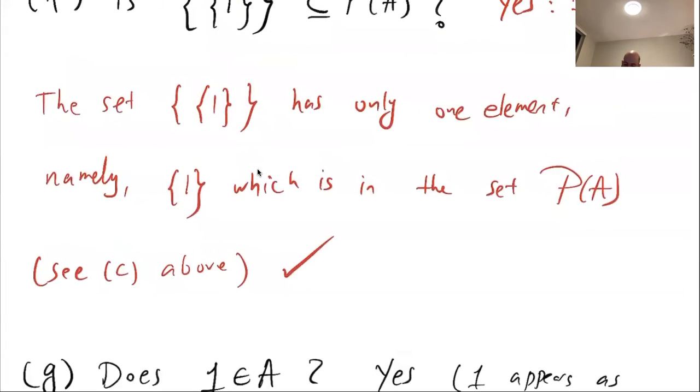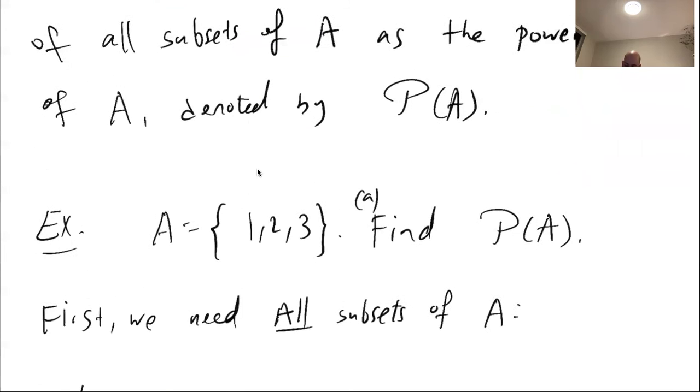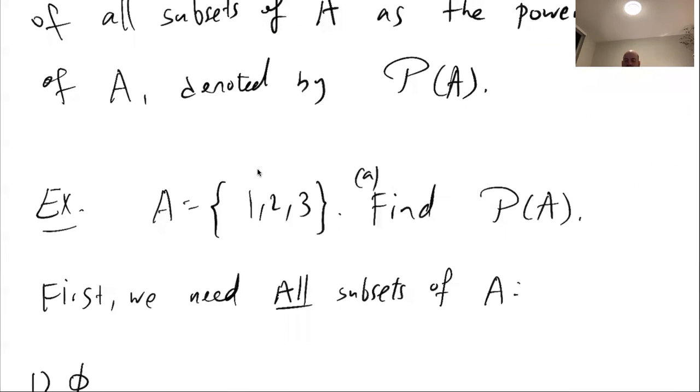So we saw that, with only this simple example, A equals 1, 2, 3, and P of A, we could ask so many questions. Some of them are a little bit confusing. Again, you have to do some practice about power sets. It's a new concept, right? A set whose elements are not numbers, are sets themselves. We have similar ideas in mathematics.